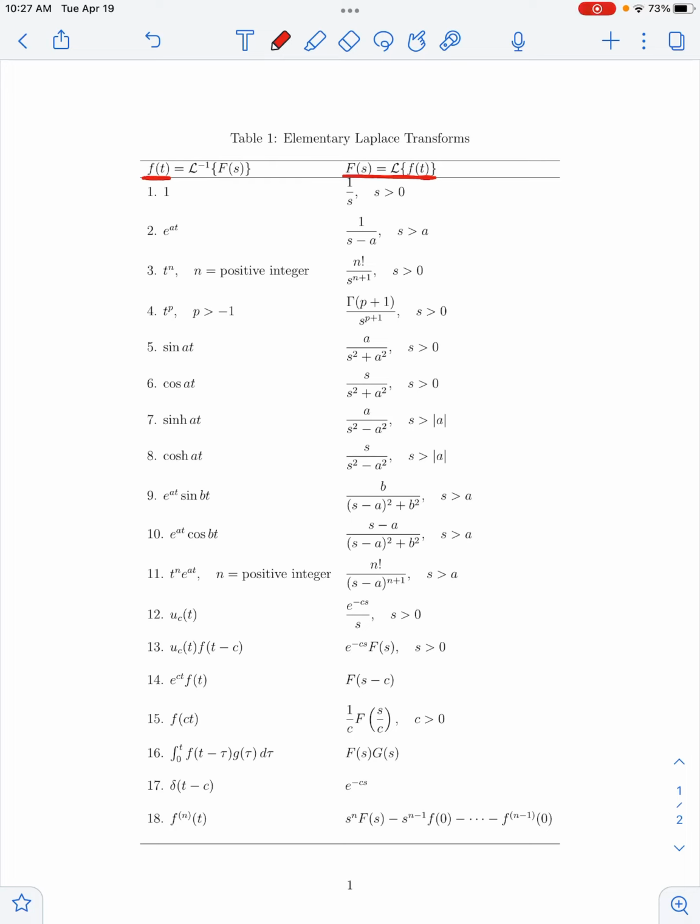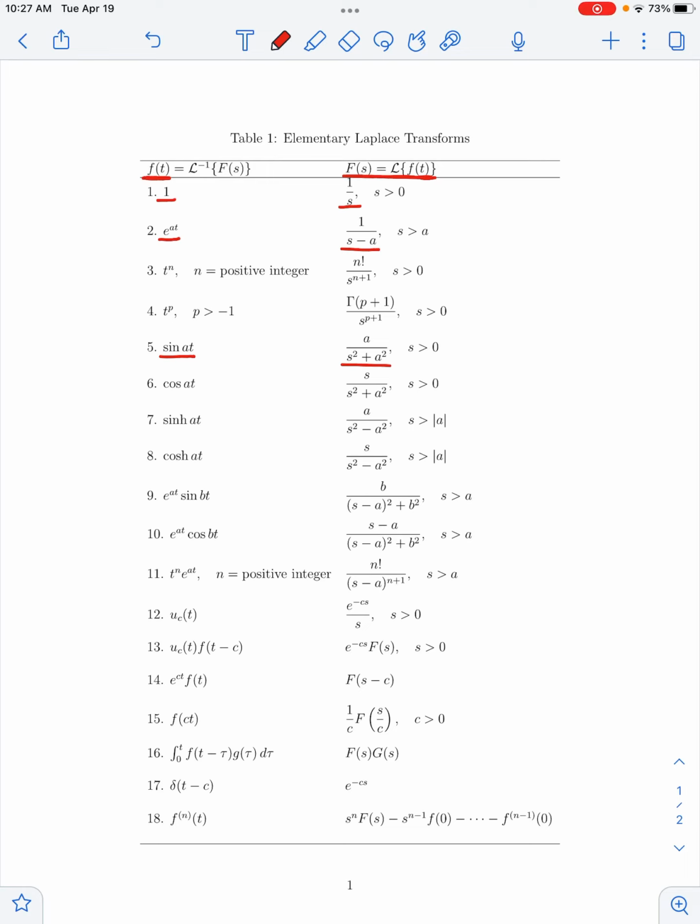In the examples we looked at, we saw that the Laplace transform of 1 is 1 over s for s greater than 0. We saw the Laplace transform of e to the at was 1 over s minus a for s greater than a. And we saw that the Laplace transform of the sine function, sine of at, is a over s squared plus a squared for s greater than 0.